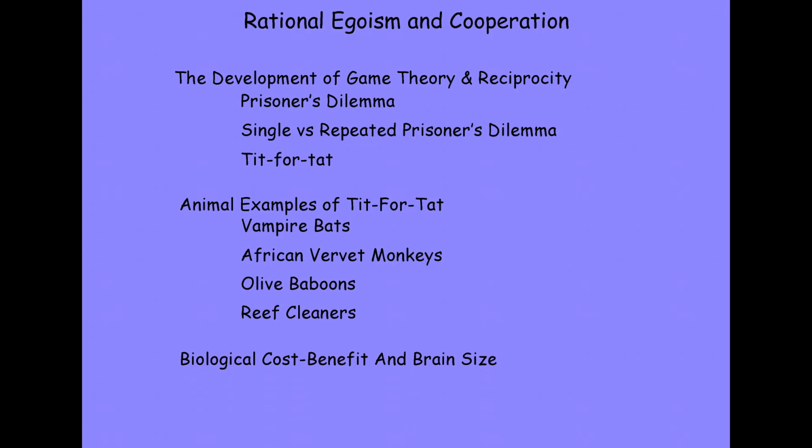Then we'll note that while tit for tat or reciprocity or conditional cooperation can be a successful strategy in interactions with other creatures, it does have a cost benefit. In order to engage in reciprocity, you actually have to have a relatively large brain size.